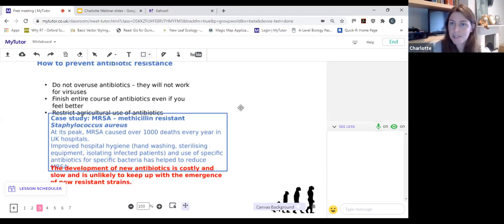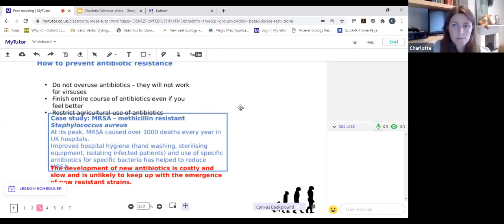And the clue is in the name there. So this particular bacteria is resistant to methicillin, which is the name of the antibiotic that's most often used to kill it off. At its peak, MRSA caused over 1,000 deaths every year in UK hospitals. It was really, really difficult to stop it spreading.